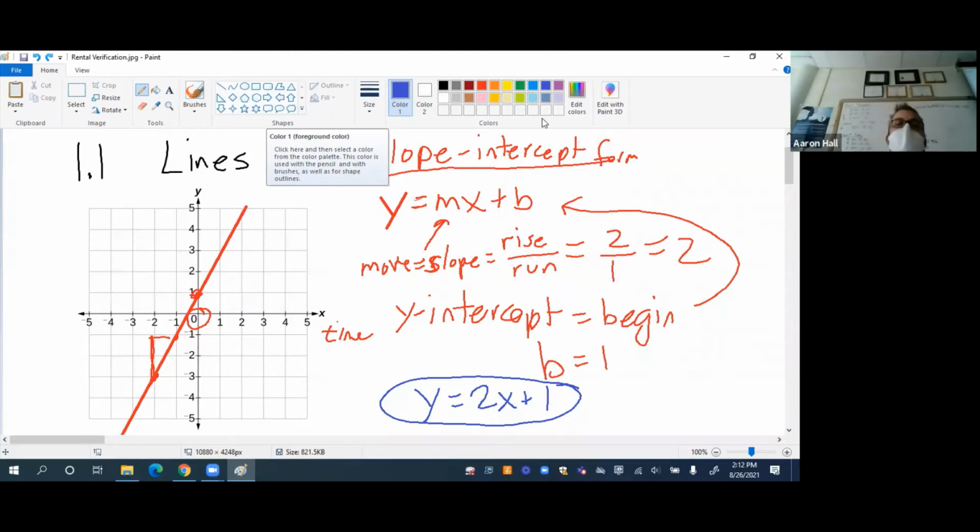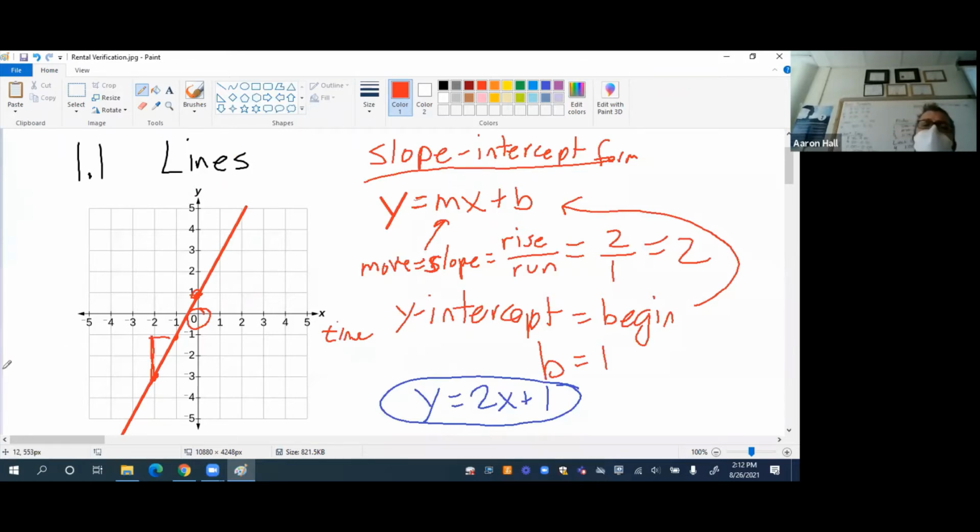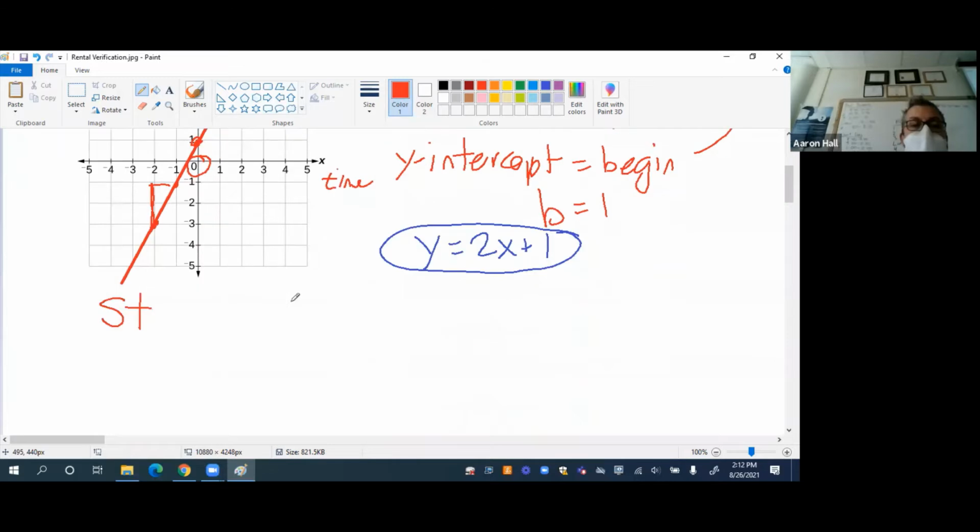Standard form. Standard form is definitely another way, another equation. If I'm going too fast, let me know. I always hated when I'm about to write something down and then the teacher moved on. So just tell me to go back if I'm going too fast.